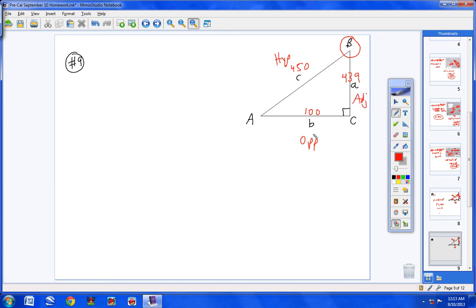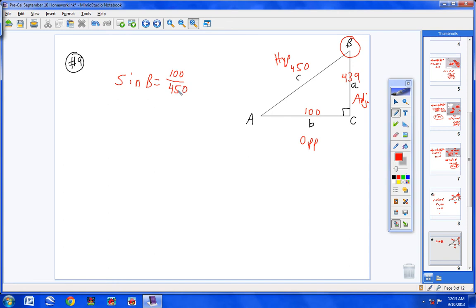Now, watch this carefully. I know all three sides, so it really doesn't matter what function I use. I can use sine, cosine, or tangent. I'm going to use sine. So I'm going to say sine of angle B, that's the angle I'm dealing with, equals opposite over hypotenuse.